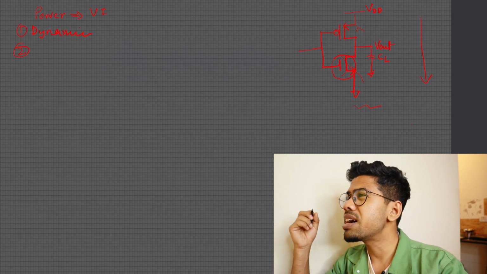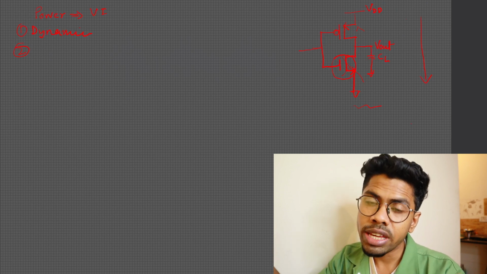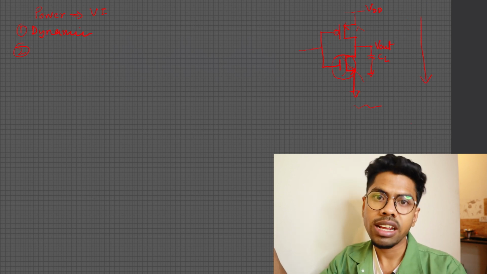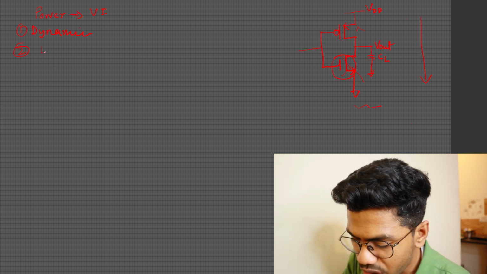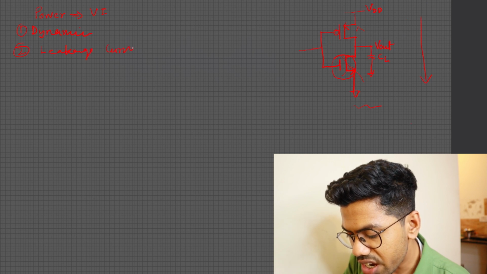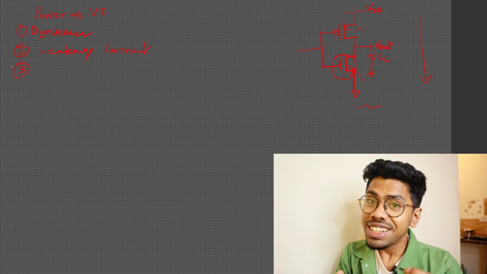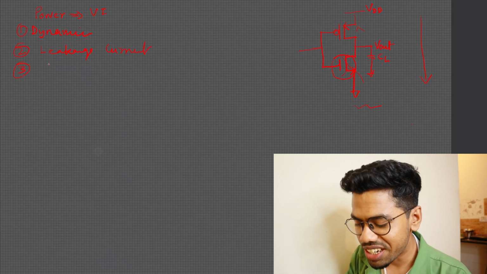There would be some nanoamperes of current flowing, and if current is flowing, given a voltage difference, power dissipation is happening, which we call leakage current.